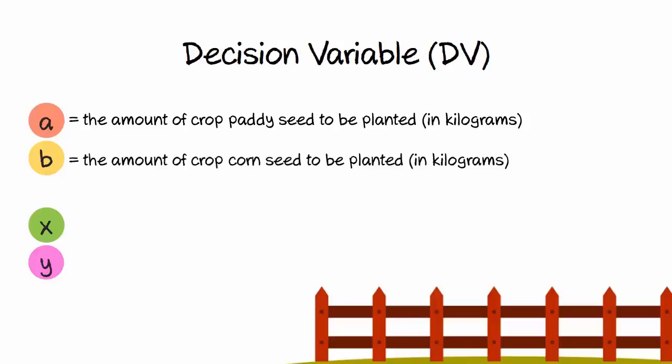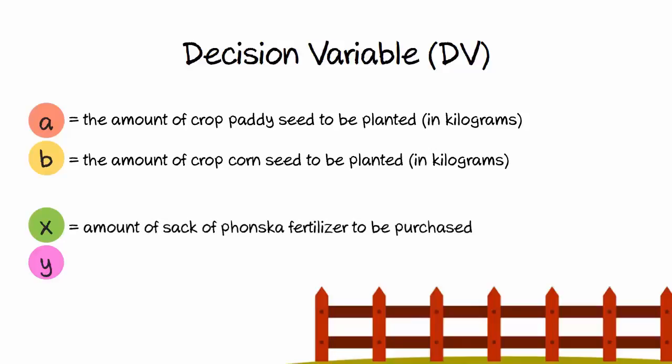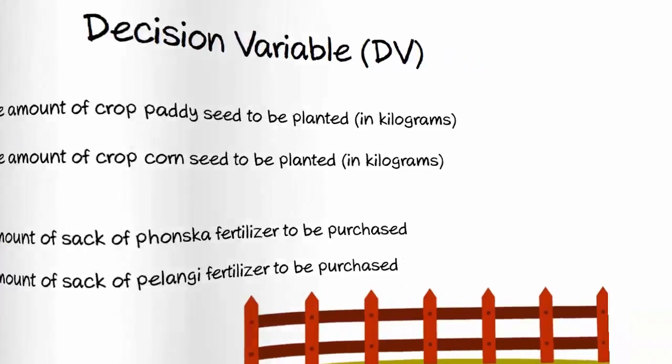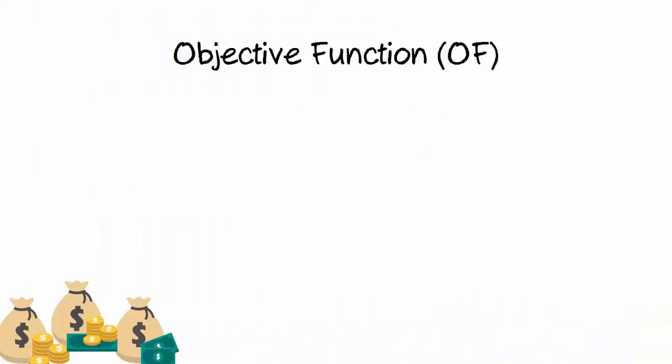And B is the amount of crop corn seeds to be planted in kilograms. Now we have X. X is the amount of sacks of Ponska fertilizer to be purchased. And then Y, the amount of sacks of Pelangi fertilizer to be purchased.